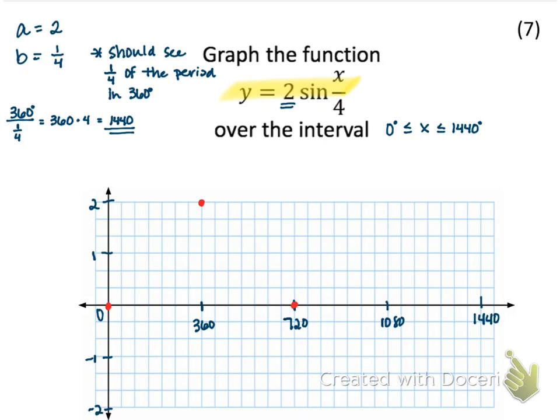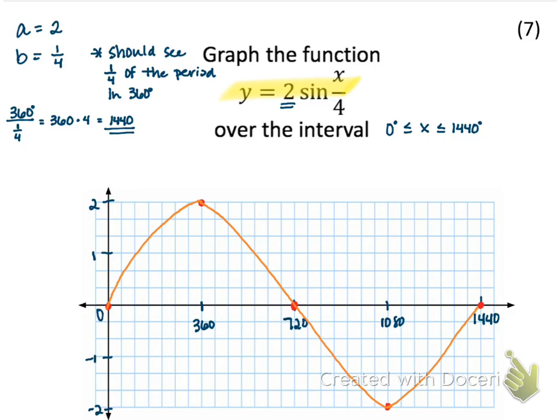We're going to go back down to 0 at 720 degrees. Down to -2 at 1,080 degrees, and then back up to 0 at 1,440 degrees. And then we can draw our nice sine curve. If we continued our graph, once again, our curve would just continue this same wave pattern.